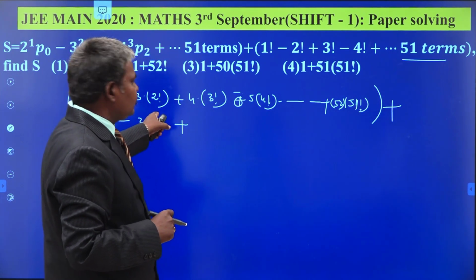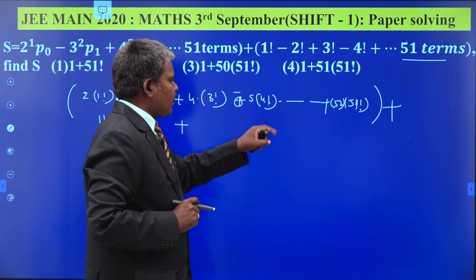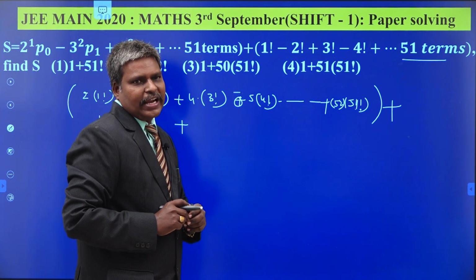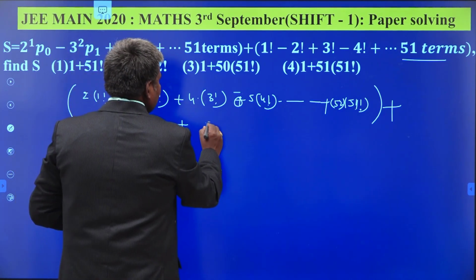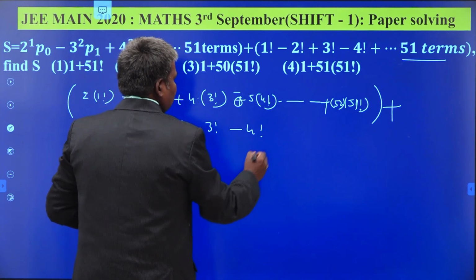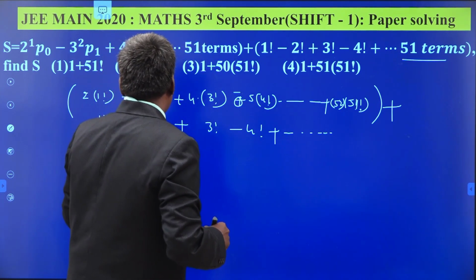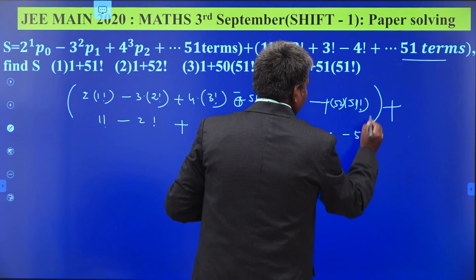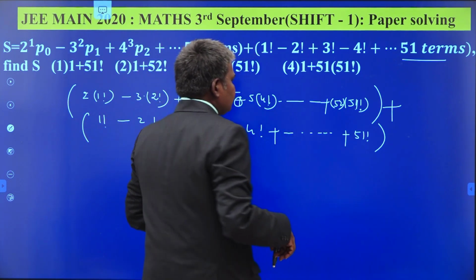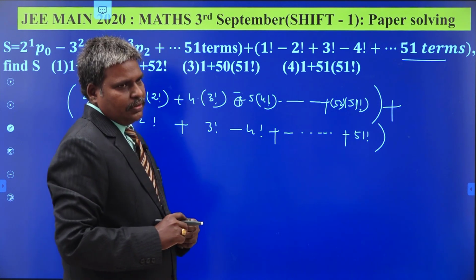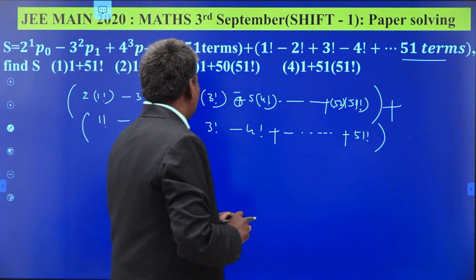That is 2 into 1 factorial minus 3 into 2 factorial plus 4 into 3 factorial minus 5 into 4 factorial and so on up to 52 into 51 factorial, plus 1 factorial minus 2 factorial plus 3 factorial minus 4 factorial and so on up to the 51st term, which is plus 51 factorial, because for odd numbers we have plus.